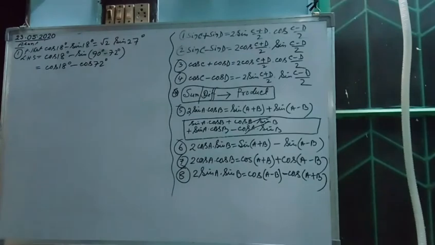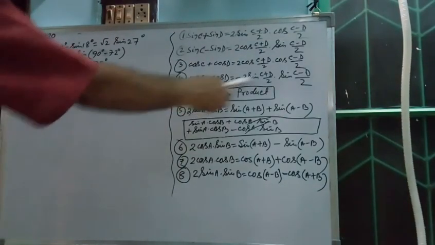Now see, we got cos c minus cos d in this form.